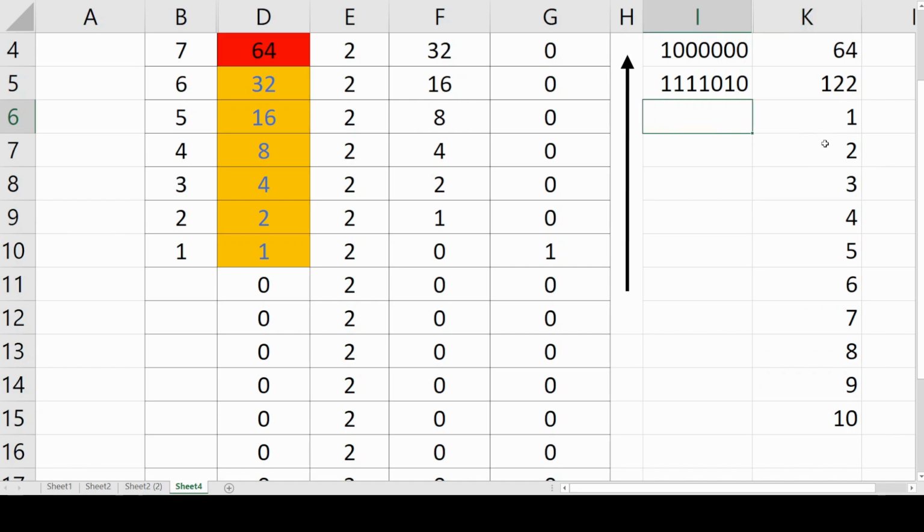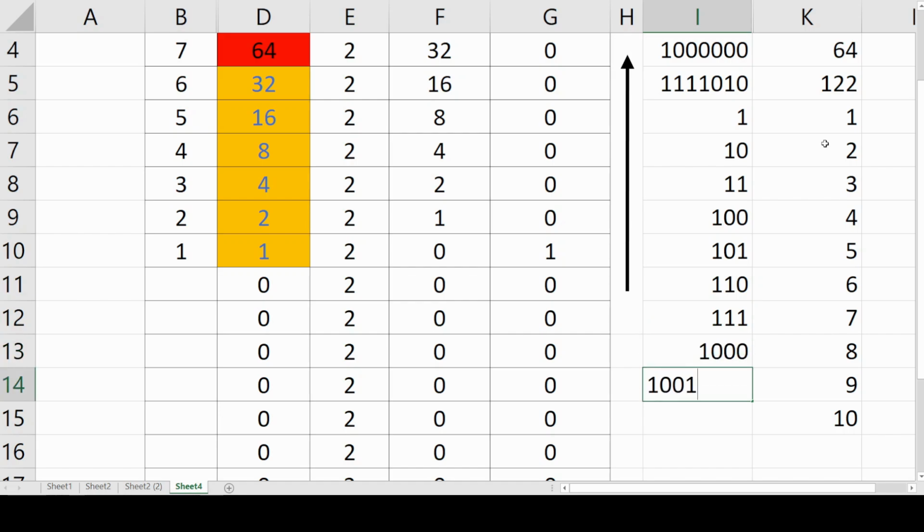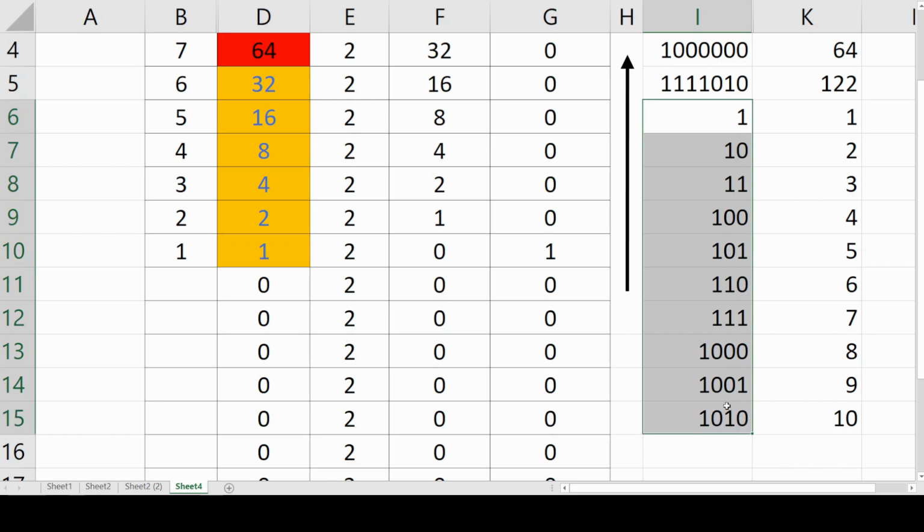For example, a 1 is 1, whereas a 2 is 1, 0, a 3 is 1, 1, a 4 is 1, 0, 0, a 5 is 1, 0, 1, a 6 is 1, 1, 0, a 7 is 1, 1, 1, an 8 is 1000, a 9 is 1001, and a 10 is 1010. Anyway, you can figure out now what these numbers mean, what these numbers represent.